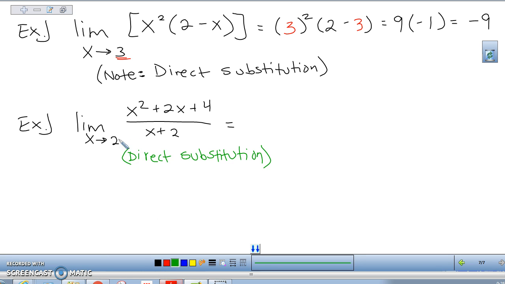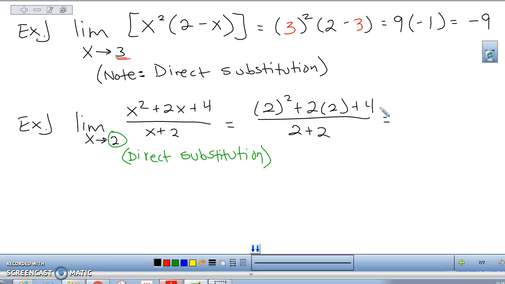This time we're going to directly substitute a 2 for every x value. So we should get 12 over 4, which is 3.